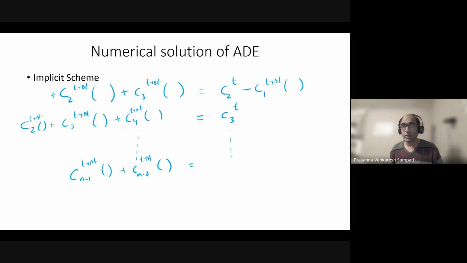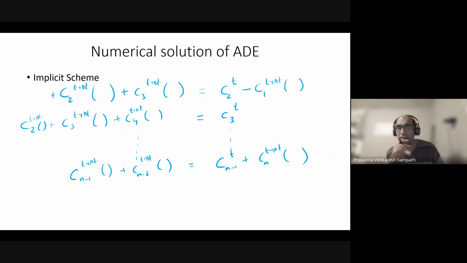And what will happen to the n term? That will again go to the right hand side because that is known. The concentration at x equal to L is always known. So it's 0, right? So it just goes to the right hand side. So I'll have Cn minus 1 at t plus Cn at t plus delta t times whatever that constant comes out.